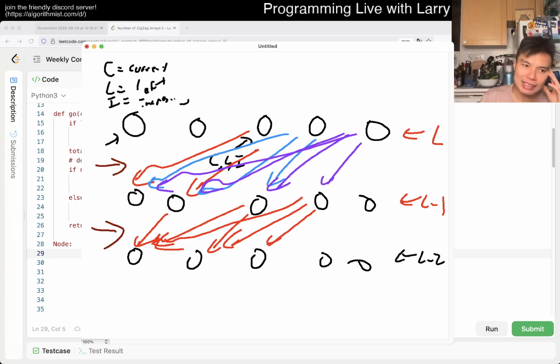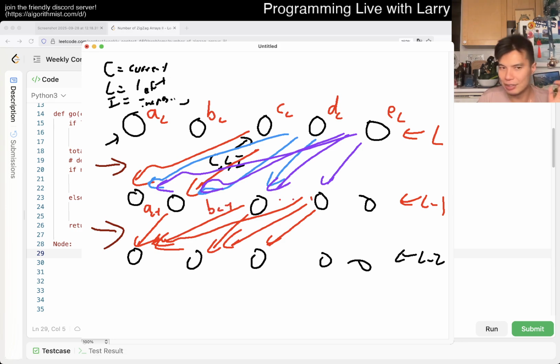And now let's do something a little bit different. Now we're assuming the edges. So that means, let's say we have A of L, B of L, C of L, D of L, E of L, right? And then underneath you have A of L minus 1, B of L minus 1, and so on. You can figure it out.